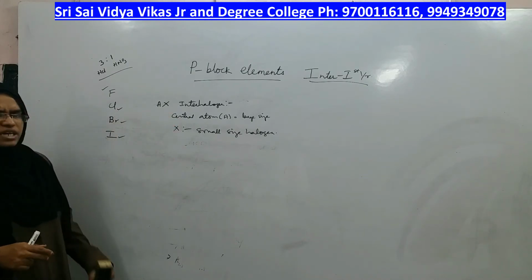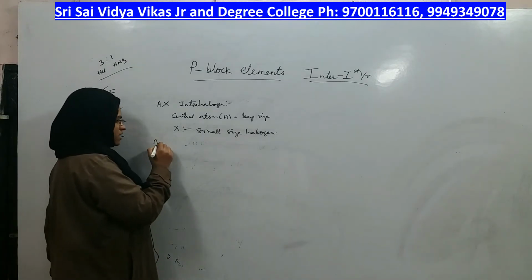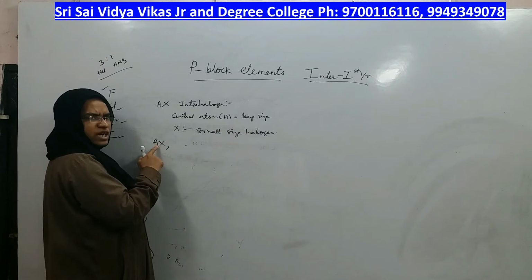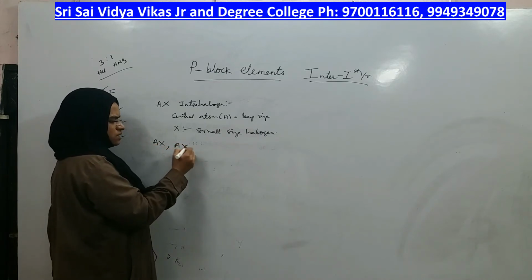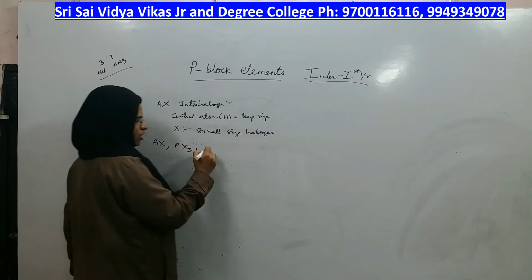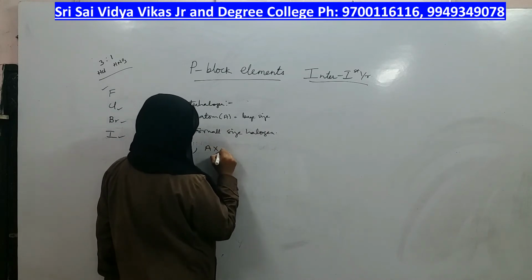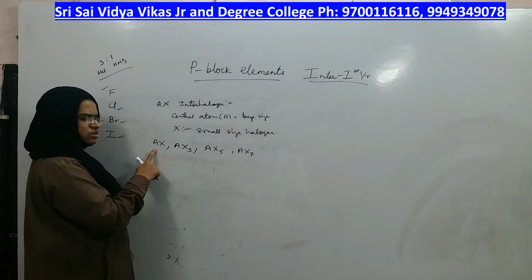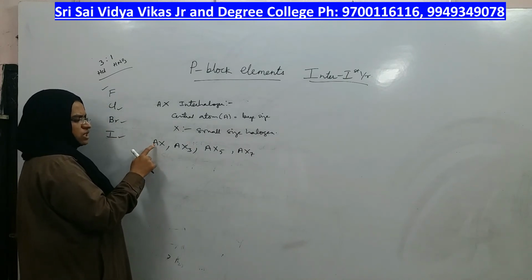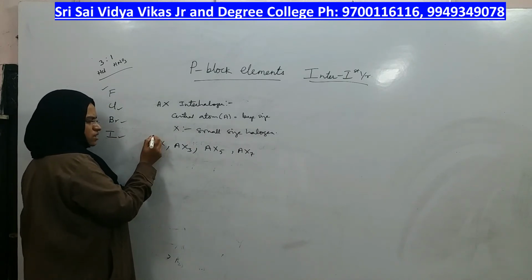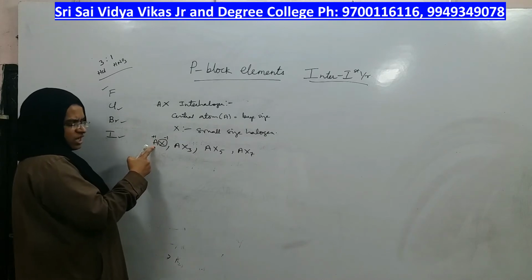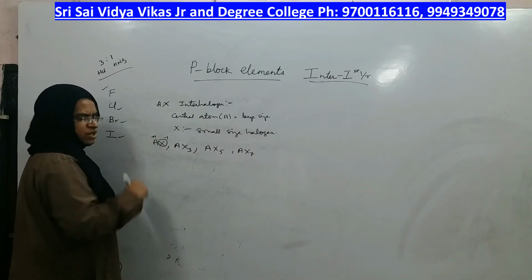So, you can get interhalogen compounds by having a general formula of this combination, one lower halogen, one higher halogen, or else this combination, or else this combination, or else even this. In interhalogen compounds, what is the oxidation state of the central halogen? +1. Because obviously X is more electronegative, it has -1. So, on A, the oxidation state will be +1.